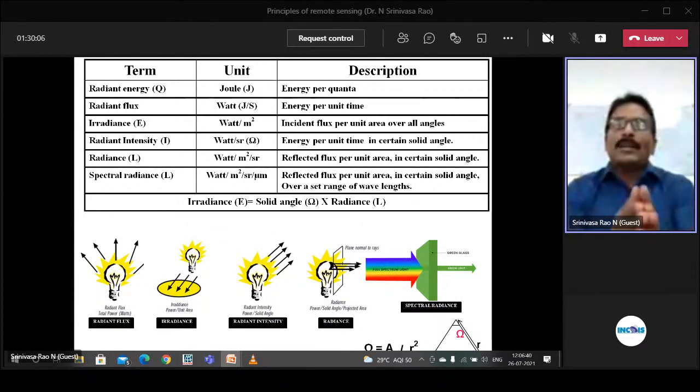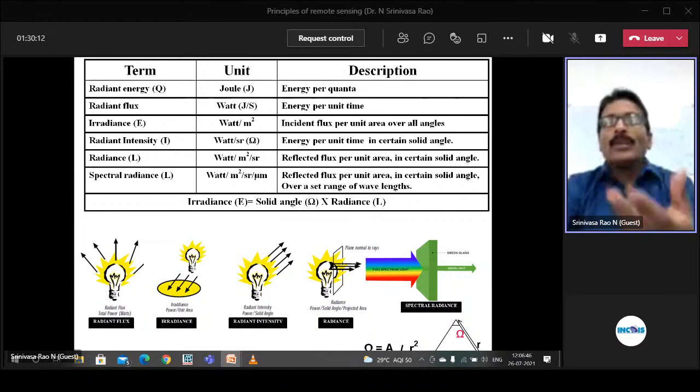That's all. Understood? How many packets within one particular second from one square meter area in a particular direction and particular wavelength. Micrometer is the unit for wavelength. That we call spectral radiance.